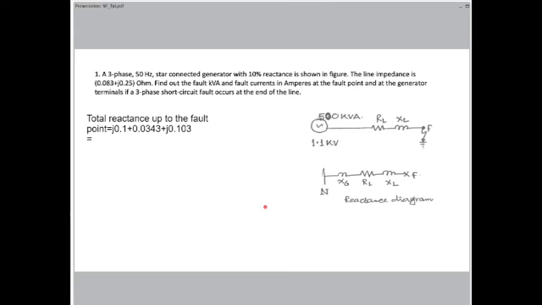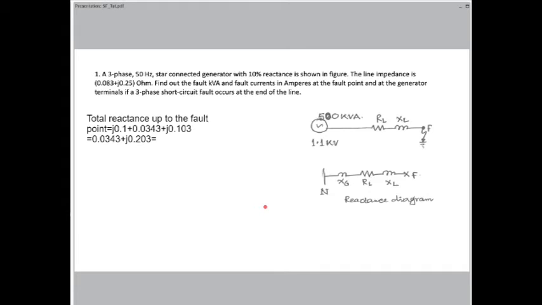So if we come to this, you see we have two reactances. So it will be 0.0343 plus j0.203. We can write it like that. And then from there we can find out the magnitude. We need the magnitude here. Can you tell me the magnitude of this impedance, meaning the Z value only?